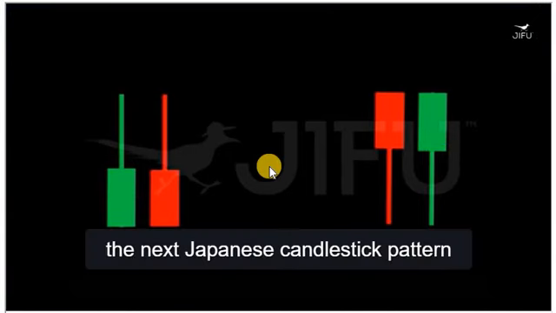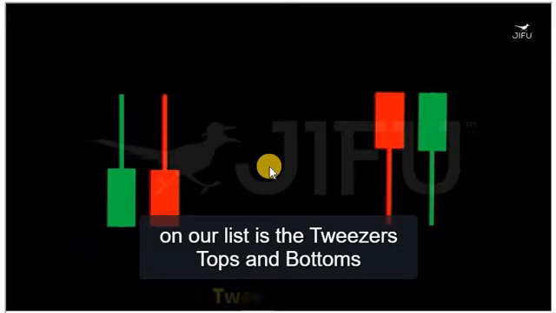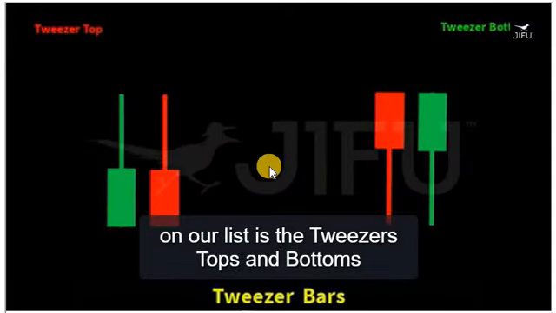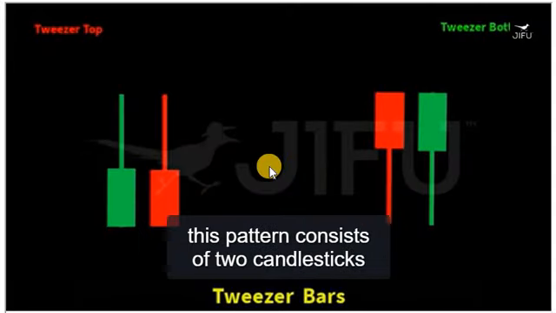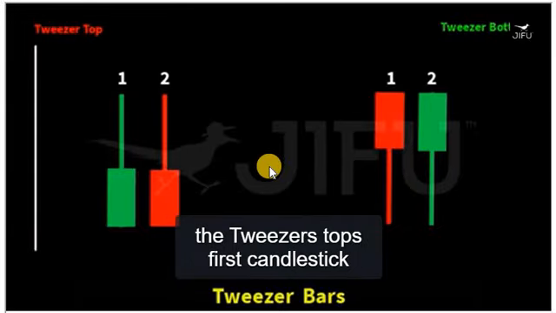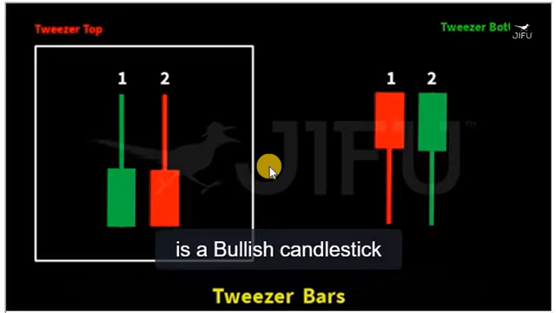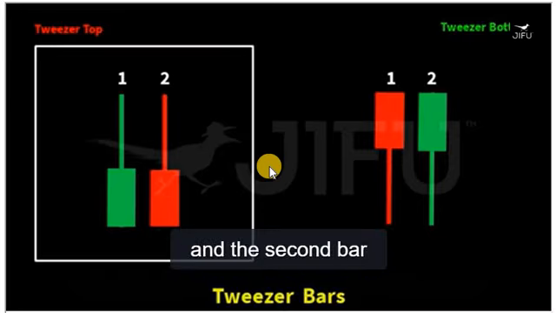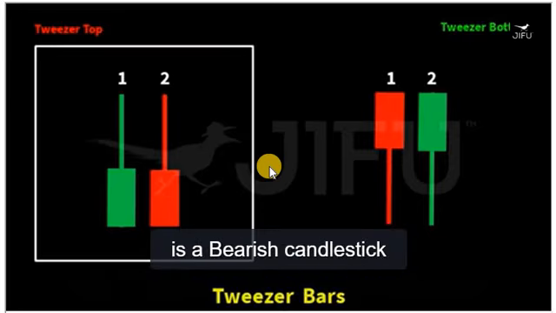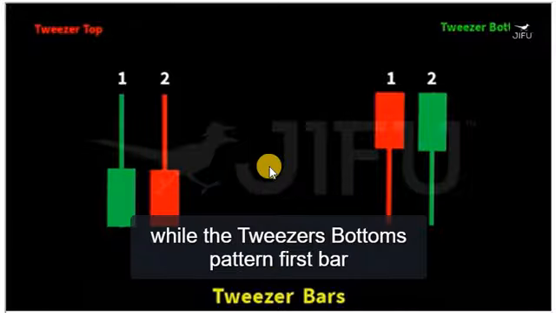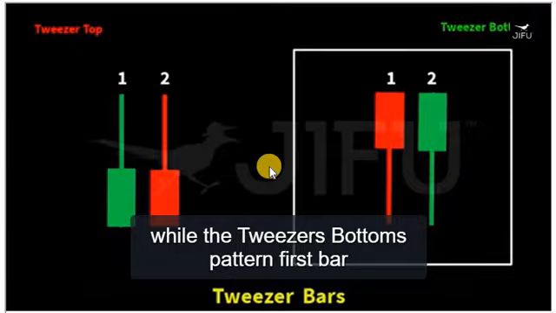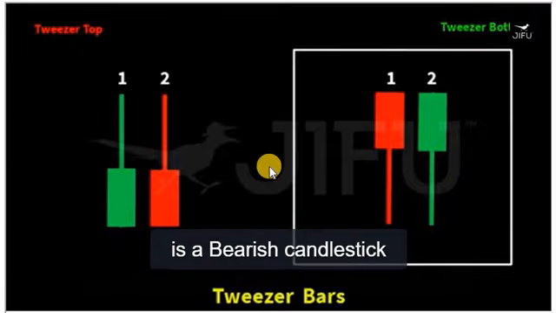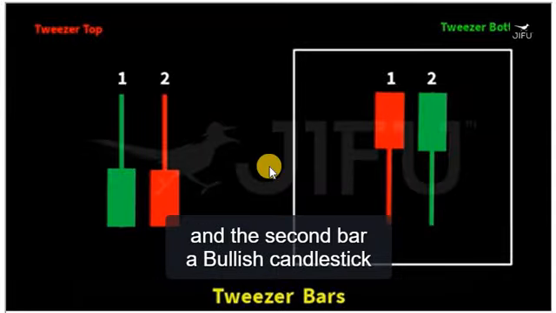The next Japanese candlestick pattern on our list is the tweezers tops and bottoms. This pattern consists of 2 candlesticks. The tweezers top's first candlestick is a bullish candlestick, and the second bar is a bearish candlestick, while the tweezers bottom pattern's first bar is a bearish candlestick, and the second bar a bullish candlestick.